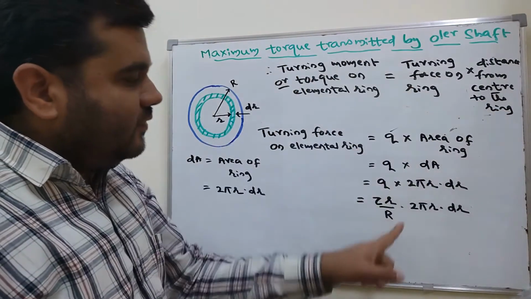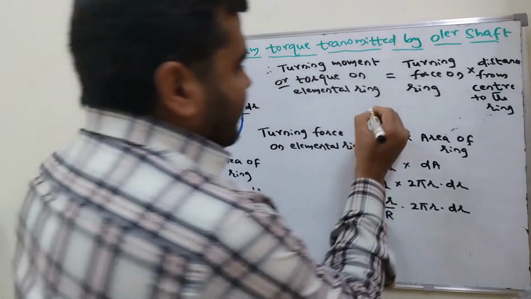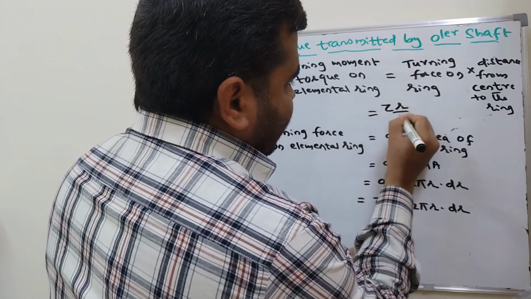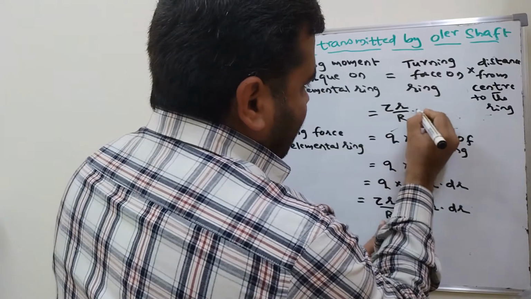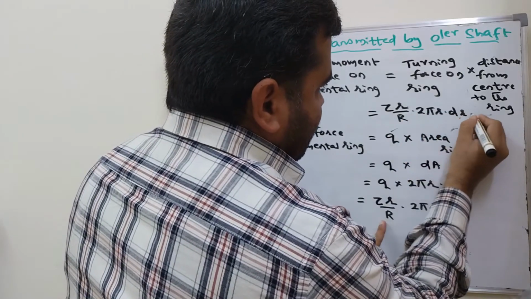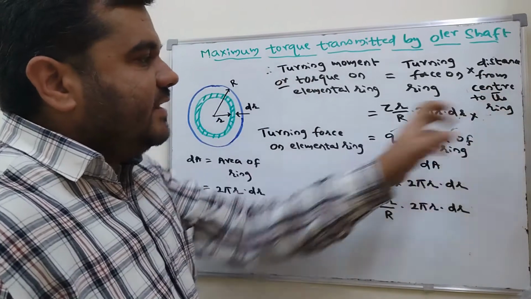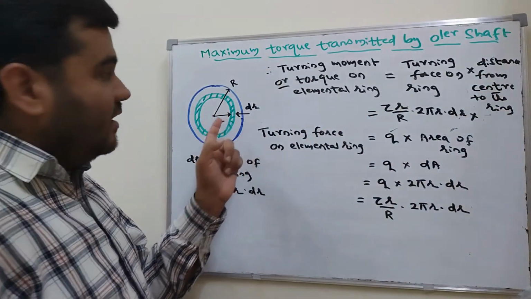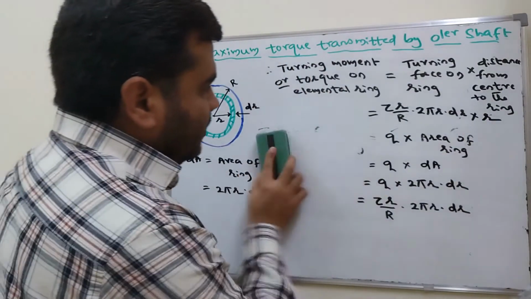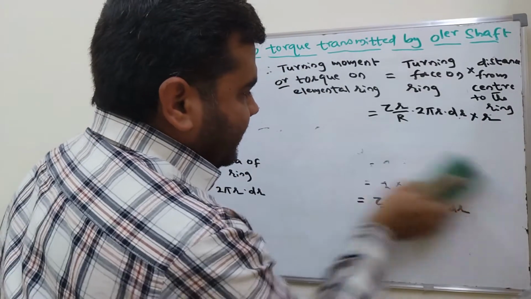So how much is the turning force? We calculated it here. Turning force is tau into r divided by R, 2 pi r into dr. Now, what is the distance from the center to the ring? Center to the ring is r. This is r. Now I will erase this and we will continue.